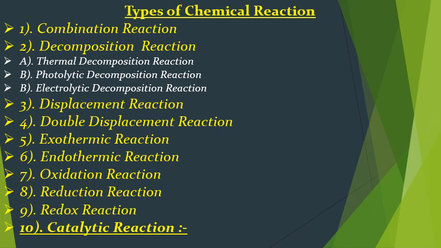Oxidation reaction: when oxygen is added during a chemical reaction, the reaction is defined as oxidation. When oxygen is removed from a chemical compound, this type of reaction is defined as a reduction reaction. If both oxidation and reduction proceed at the same time, the reaction is defined as a redox reaction.